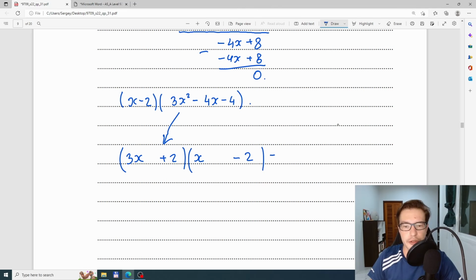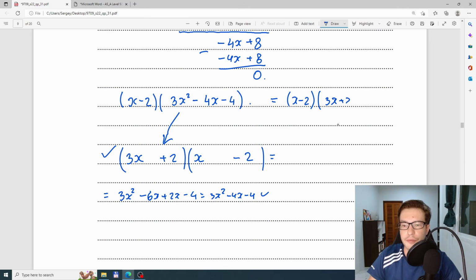I want to check if I'm right or wrong. So it's 3x squared minus 6x plus 2x minus 4, which becomes 3x squared minus 4x minus 4. Okay, so my guess was correct. That means our polynomial becomes x minus 2 times 3x plus 2 times x minus 2.